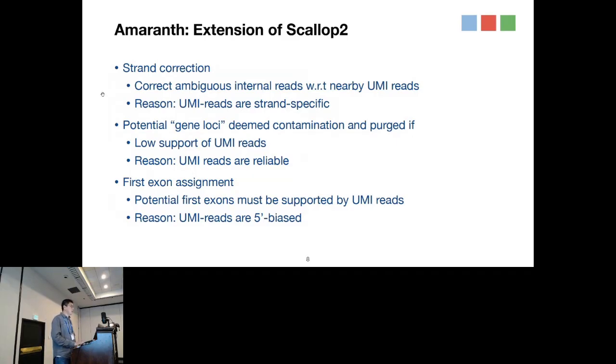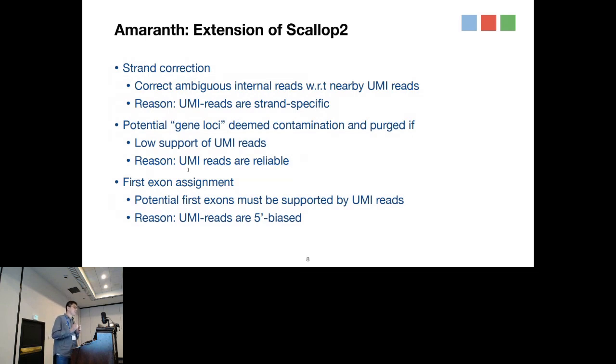The first one is strand correction. Internal reads are not strand specific, so we assign them a strand by borrowing the strand of the nearby UMI reads, because UMI reads are strand specific.